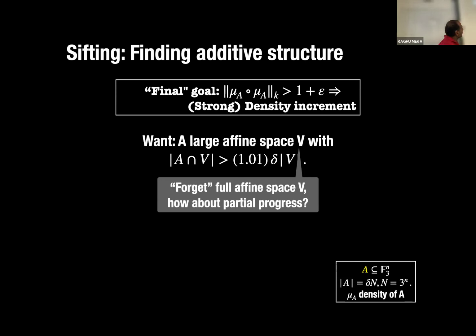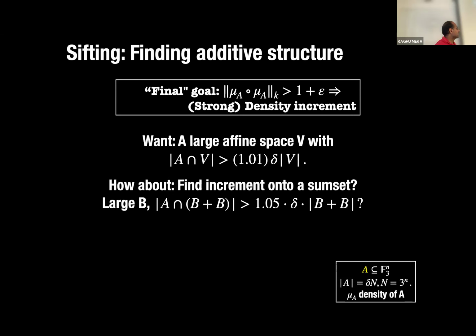Our end goal is to find the full affine space. Somehow we need to find a subspace which has high density. A subspace is a very strong structure: if I add it to itself, I stay within the set. So there are a lot of consistency conditions that a subspace must satisfy.